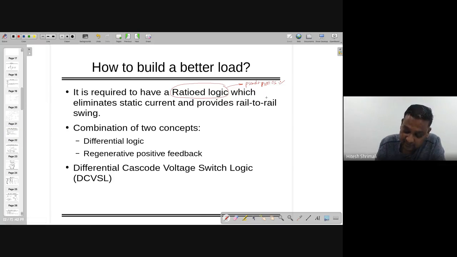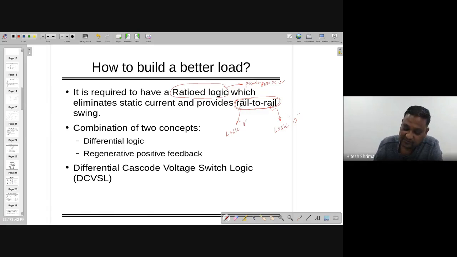On top of that, I also have the requirement that the output has to be rail to rail. Now you understand that rail to rail means positive rail to negative rail, where positive rail is logic 1 and negative rail is logic 0.